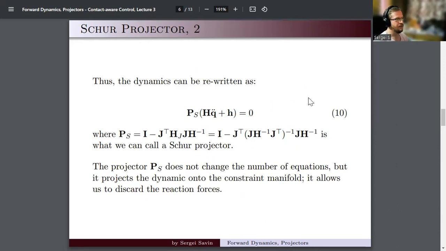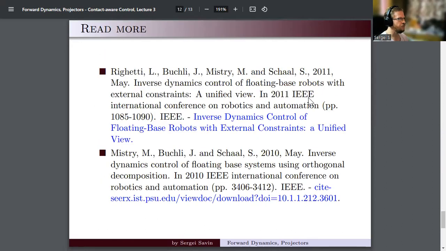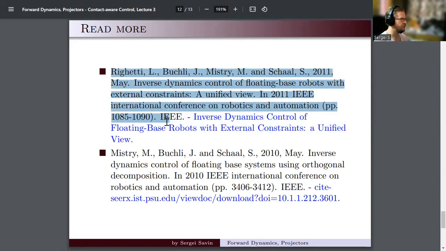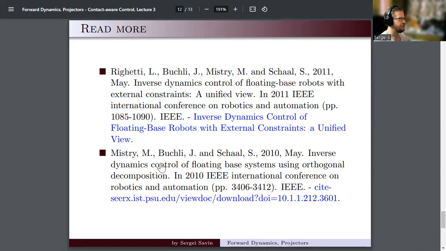Now, if you feel interested in the subject, I would recommend you look at this paper in particular, because this one describes what I gave in the lecture. Sometimes in more detail, sometimes it goes into inverse dynamics, which is the next lecture. Same here. This one is inverse dynamics ultimately, but they describe the same stuff that we did in the lecture. The reason I propose you read it is because then you would see if you are already in a way able to read scientific papers on the subject.